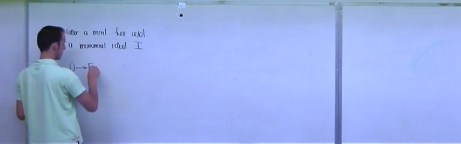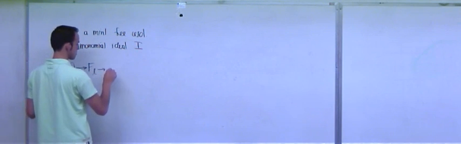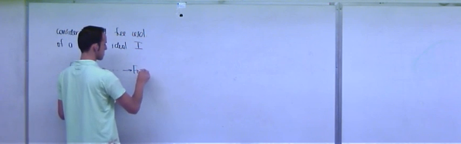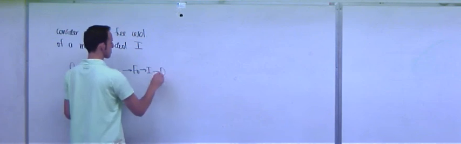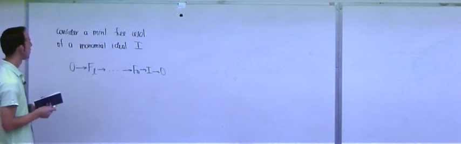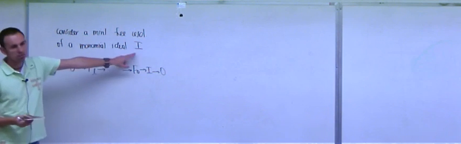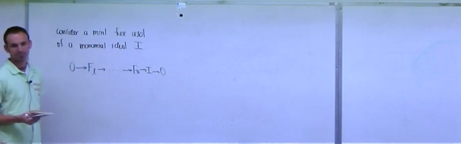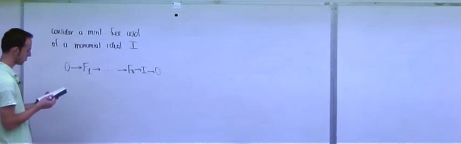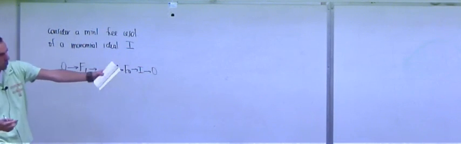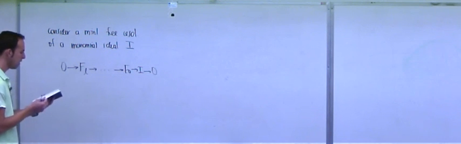So that looks like this. You might want to do this for the ideal, or you might want to do this for the quotient. So either way is fine. So that's an example for the quotient. Let's do here for the ideal.